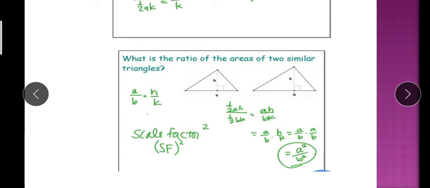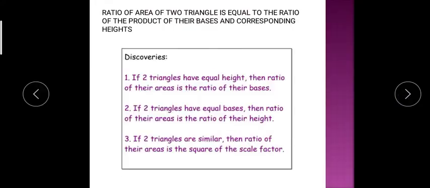Now just remember. Students, what did we learn? We just have to remind ourselves. The ratio of the areas of two triangles is equal to the ratio of the products of their bases and corresponding heights.